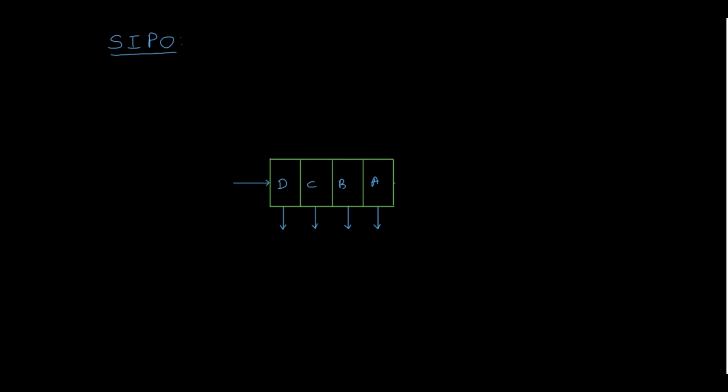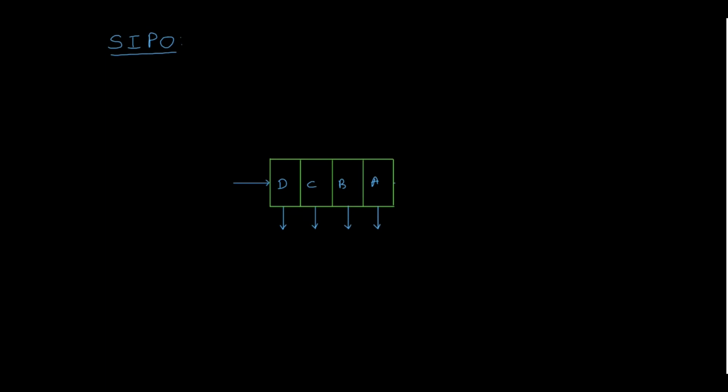They are connected in series. The logic diagram for the SISO and the SIPO are both identical. The only thing is that we observe the data in a parallel form.